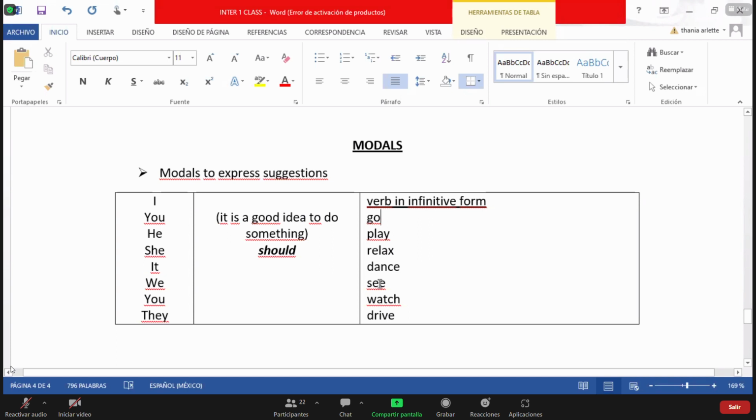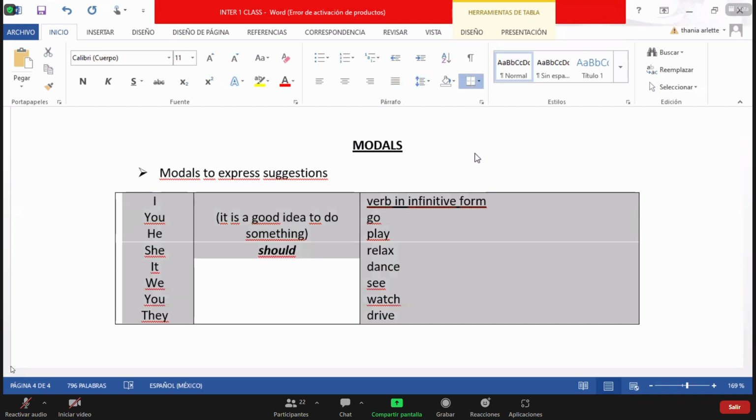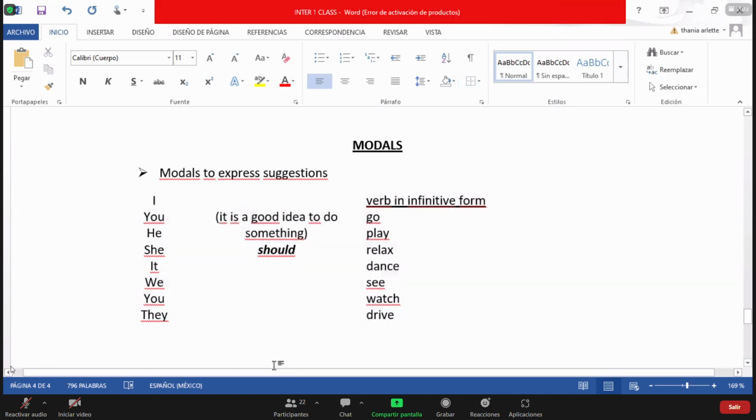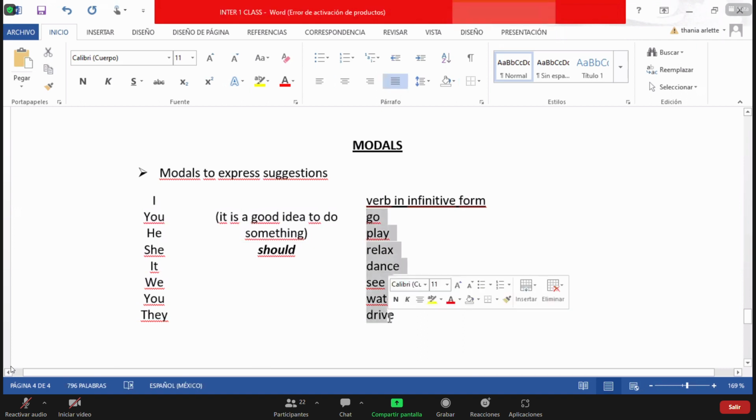We should dance all kinds of music. When you go to a party, it is necessary, otherwise you are going to be sitting down the whole party. Okay? This is easy. I think it is not difficult to remember this structure. Just the verb, remember, this is in the infinitive form.